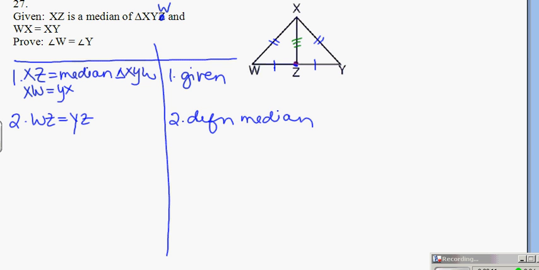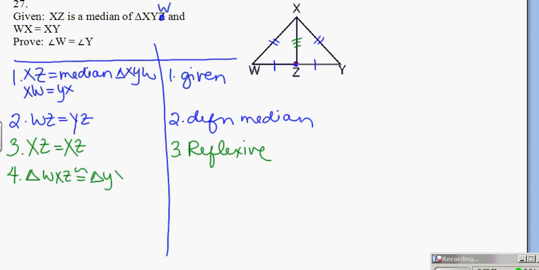So I'm going to go with the reflexive side, because I always use that if I have it. So XZ equals XZ by reflexive. And my triangles are congruent. Triangle WXZ is congruent to triangle YXZ. This is a fold in half congruency, so it matches up. That is by side, side, side.